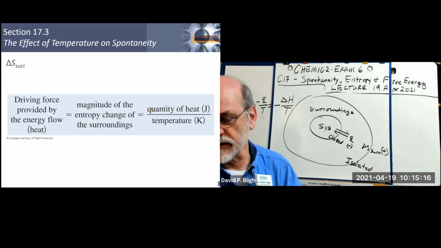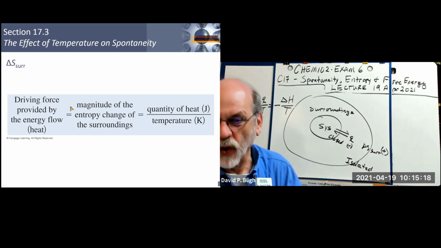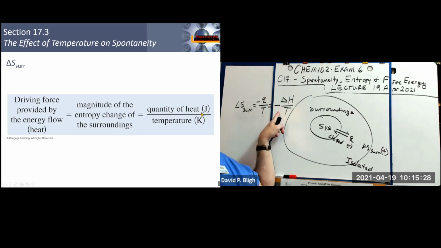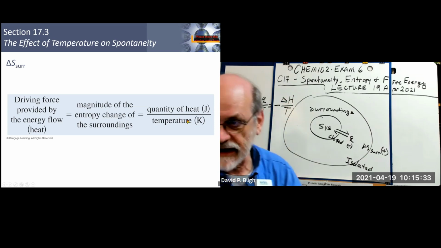All right, so there we have, in words, the driving force is the magnitude of the entropy change, right here, equals the quantity of heat, delta H, divided by the temperature in Kelvin.